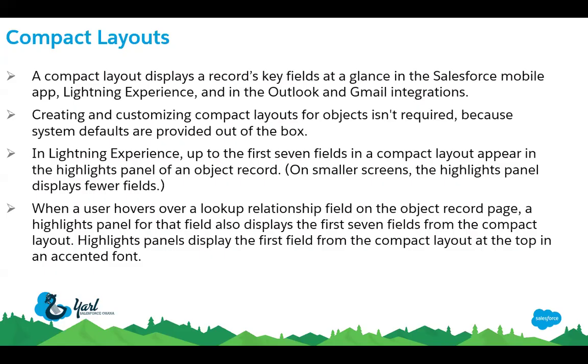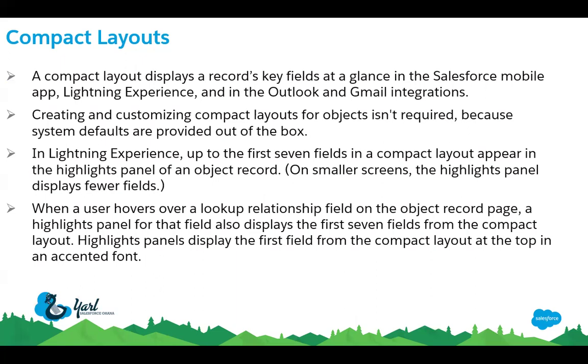Creating and customizing a compact layout for an object isn't required because system defaults are provided out of the box. So by default, there will be a compact layout in the system. In Lightning Experience, up to the first 7 fields in the compact layout appear in the highlights panel of an object record. On a smaller screen, the highlights panel displays fewer fields.